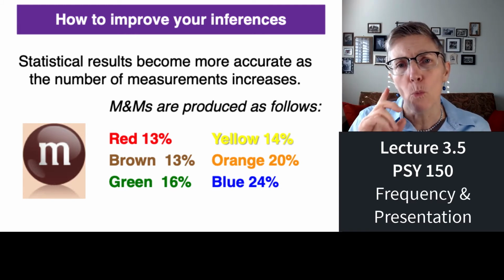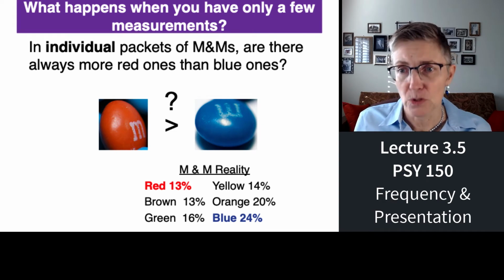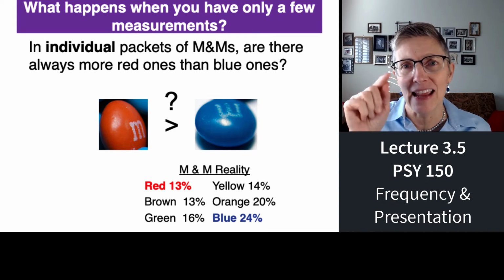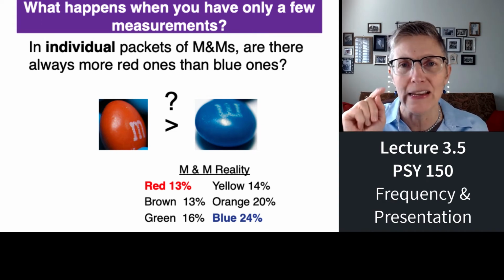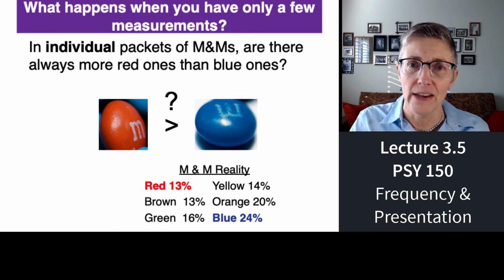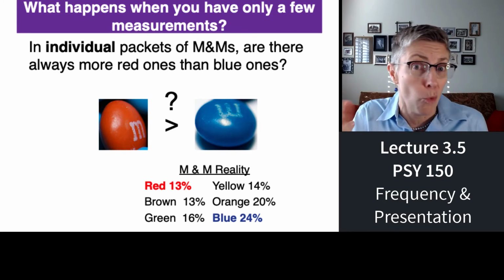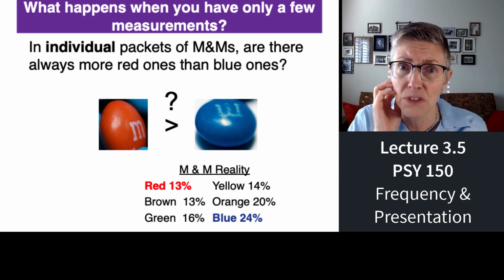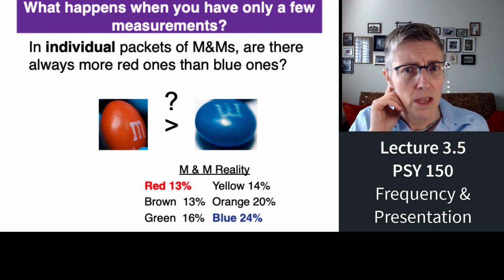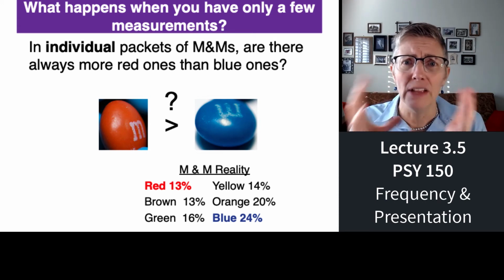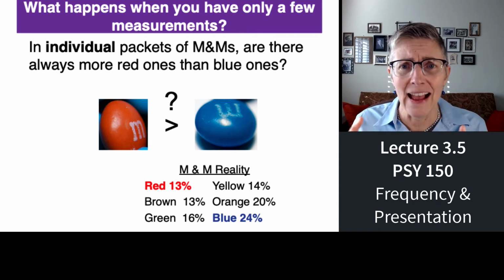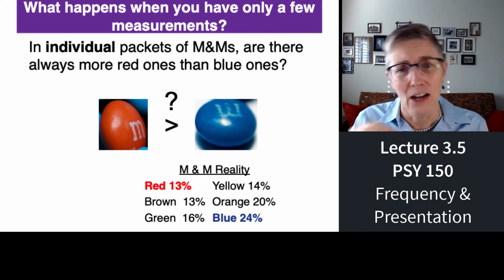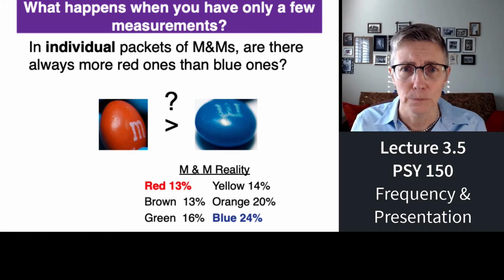If you open one of those little packages of M&Ms and count whether there are twice as many blue M&Ms than red M&Ms, or even whether there are just more blue M&Ms than red M&Ms, you don't have a lot of data. Not every little packet of M&Ms is going to have a greater percentage of blue than red, right?